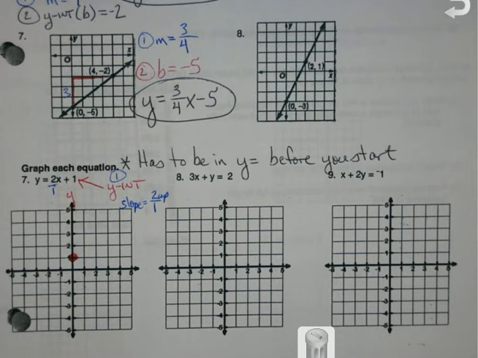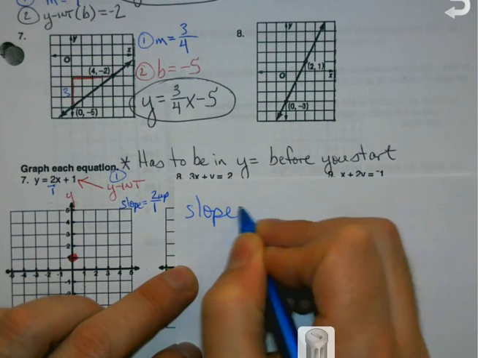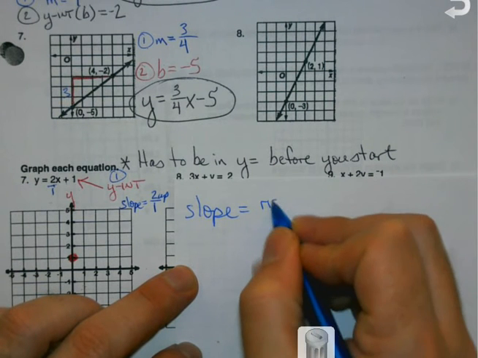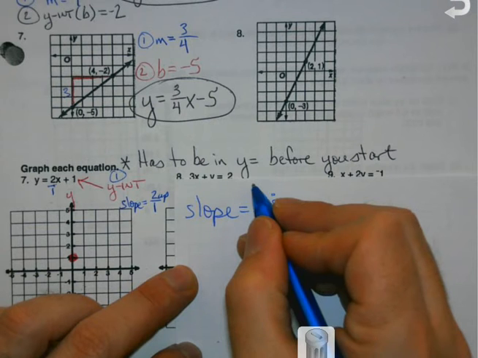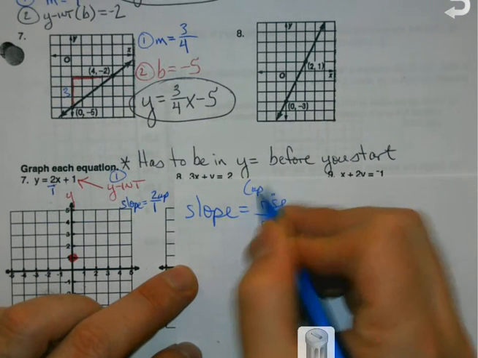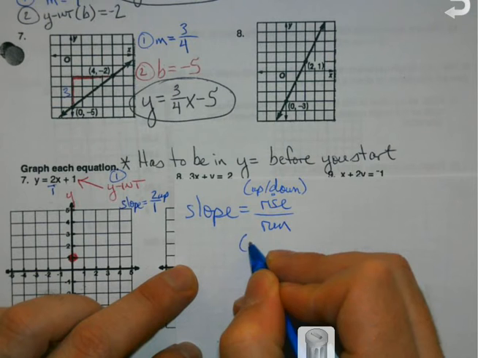Whenever we're doing slope, remember, slope in its simplest form, if we think back, slope is rise over run. In other words, slope is how much I go up or down versus how much I go right or left.